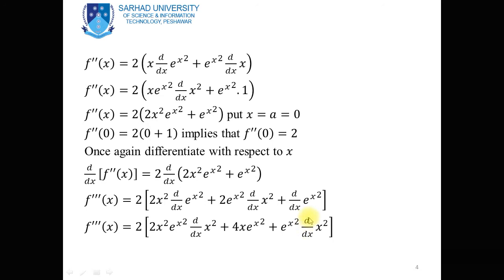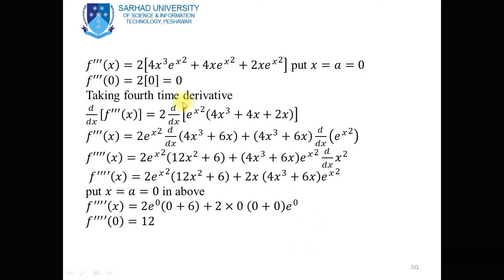So after simplification, we obtain the third order derivative of the function equal to 2 into 4x cube into e power x square plus 4x into e power x square plus 2x into e power x square.